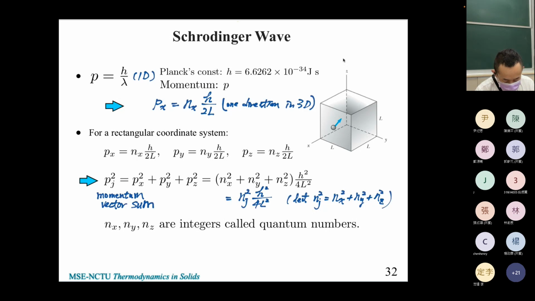So we need to do the square sum, and then we can get this. The nj squared has a specific formulation, equal to the sum of the squares for each number. These numbers are called quantum numbers. Last time we talked about this, we stopped here, and now we can continue our lecture.